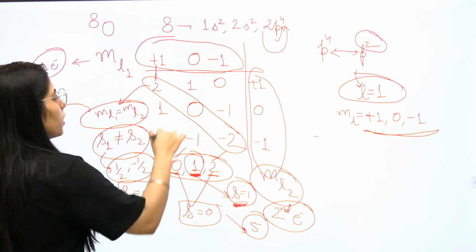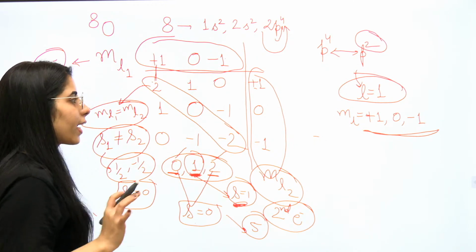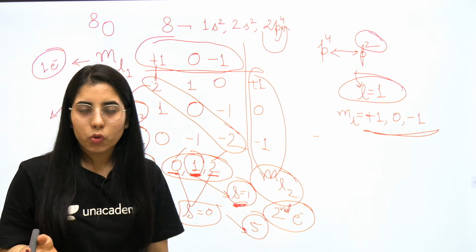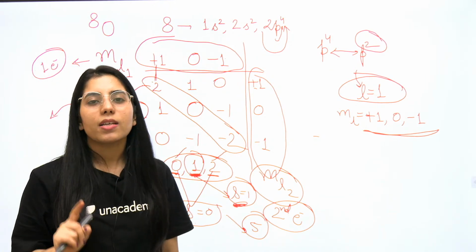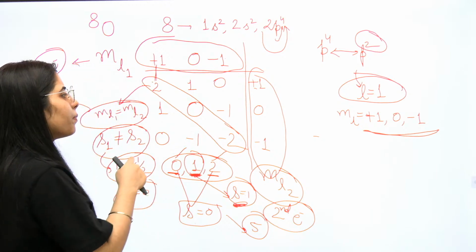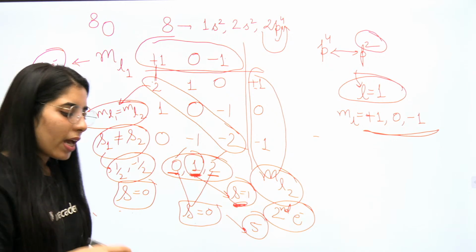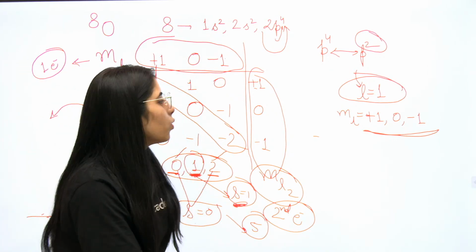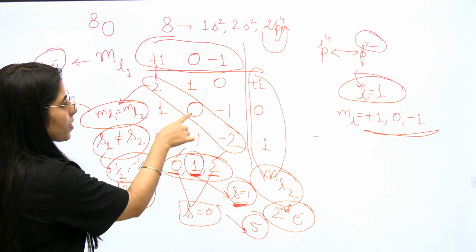Then whatever values you have in the principal diagonal elements, for them spin will be 0. Why? As per Pauli's exclusion principle, the spin should be different for electrons existing in the same state. For the other values, other than the principal diagonal, you can have spin 1, because then it is allowed to have the same spin. So only that you need to consider. Which values come in the principal diagonal? 0 and 2.